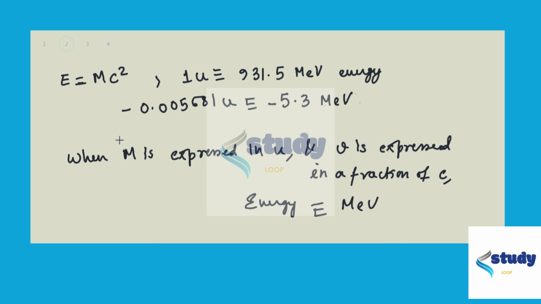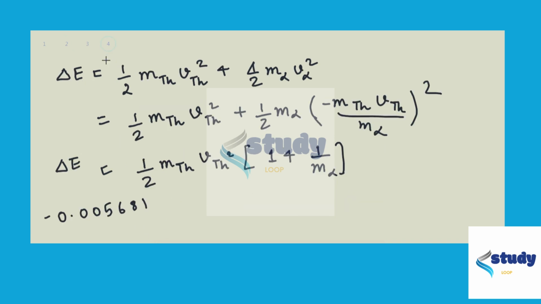0.005681, right? But as I said before, you don't need the negative sign because we are talking about the total magnitude of the energy, equal to half. And now we put everything back again.